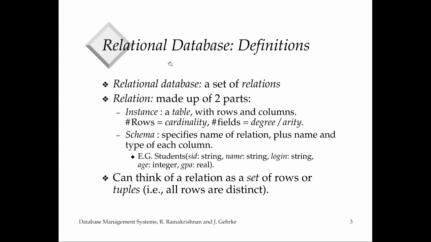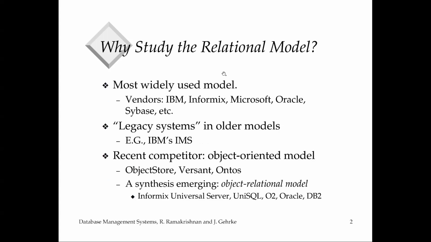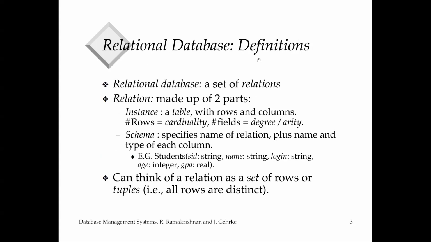So again, just to remind ourselves, the relational model gives us a way of representing our data in terms of relations, where relations are made up of these instances, where you have your rows and columns, and then the schema defines the structure. So you can think of the schema as saying that the table will be called Students, and it can take any student ID that is a string, a name that is a string, and so on.